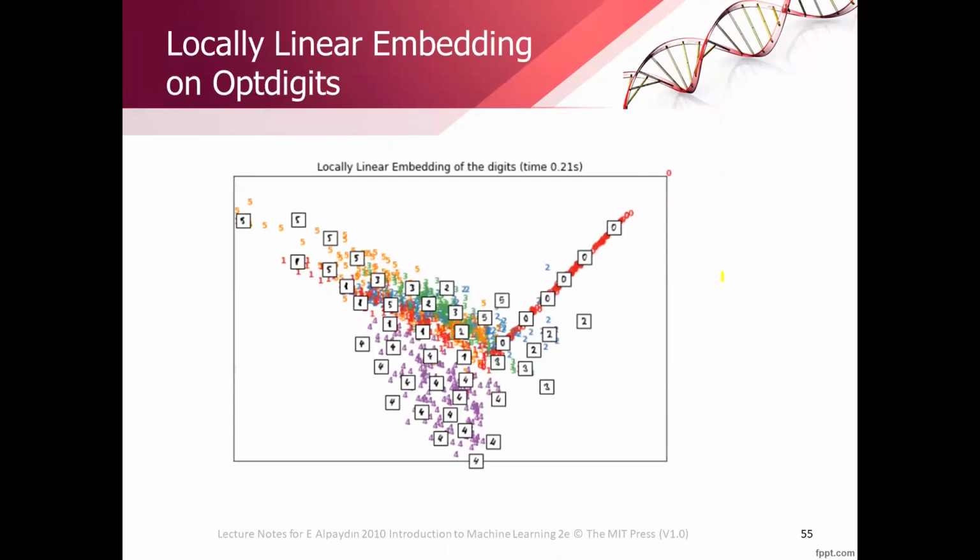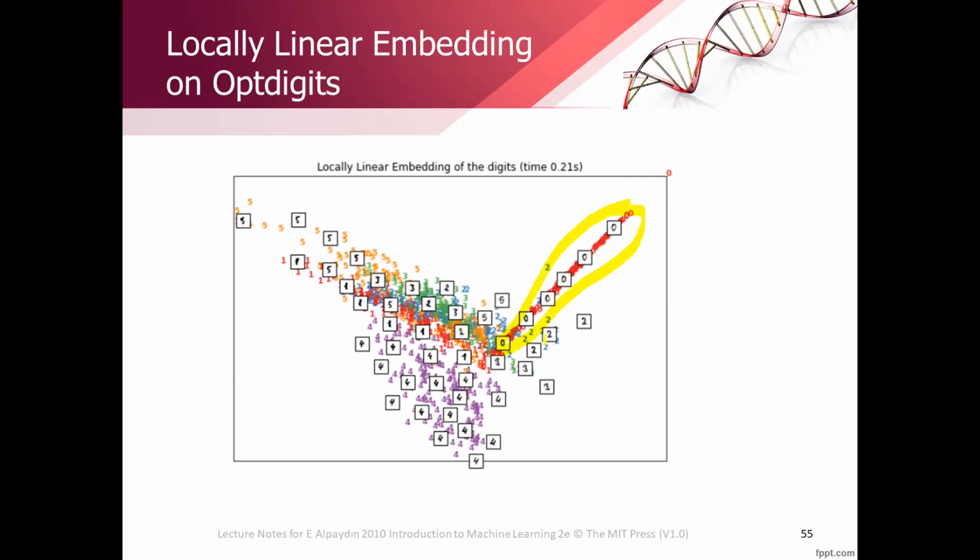This is the result for the digits. So theory is nice, but as you can see, after transforming the digits data set, the classes are not so well separated, but the method has no information about the labeling.